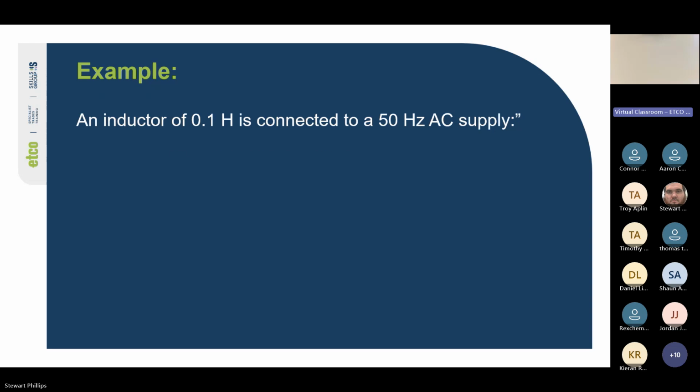So we would have the XL equals 2 pi times 50 times 0.1, which will give us 31.4 ohms.